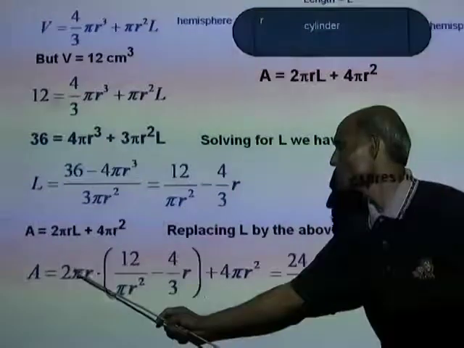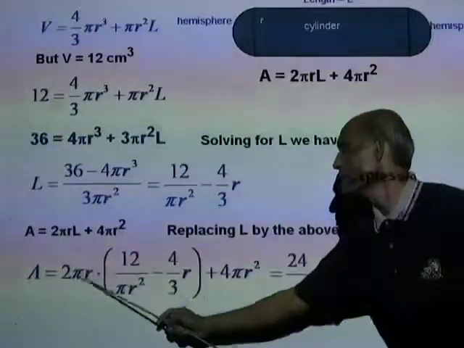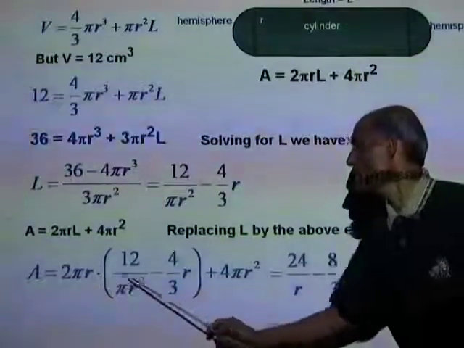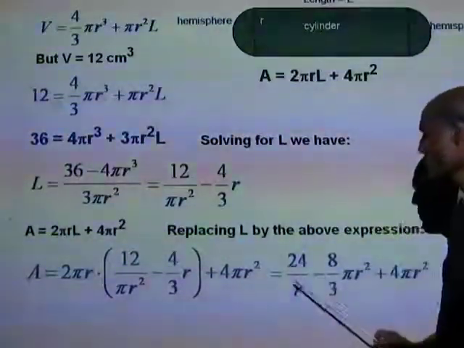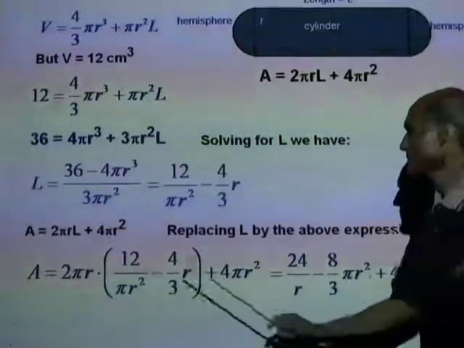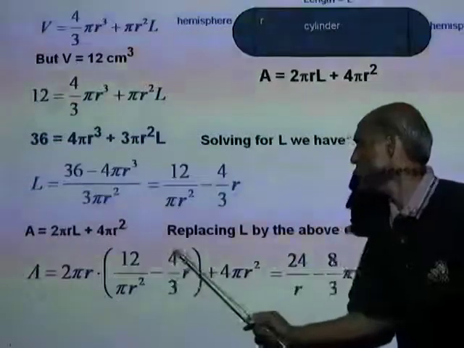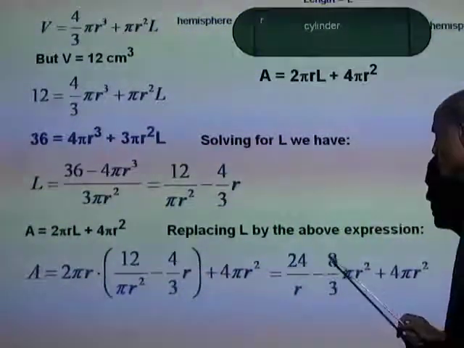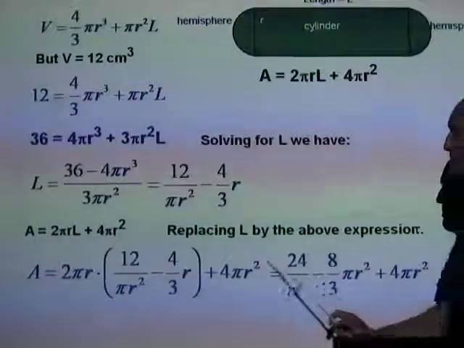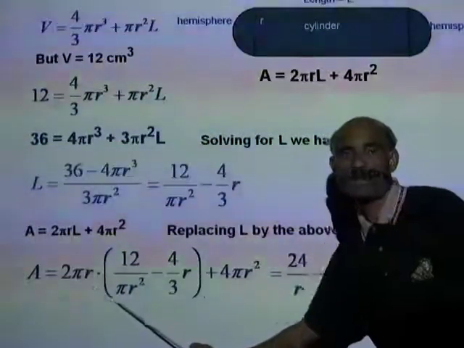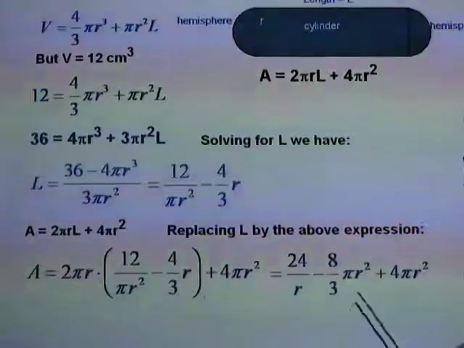When you multiply 2 pi r by 12 over pi r squared, pi and r cancel, leaving us the first term 24 divided by r, and the second term will be 8 pi r squared over 3, or 8/3 pi r squared. That is multiplying these out, plus 4 pi r squared.